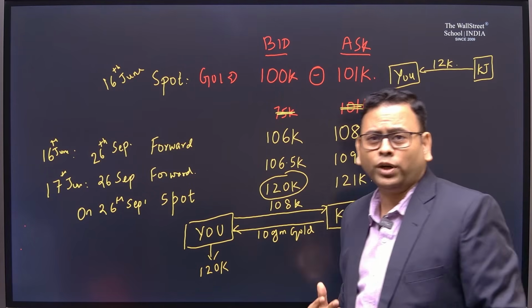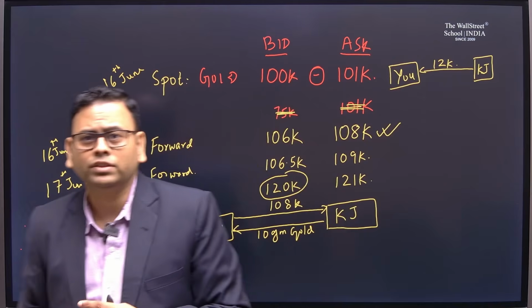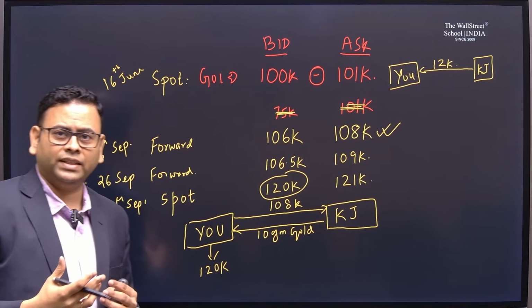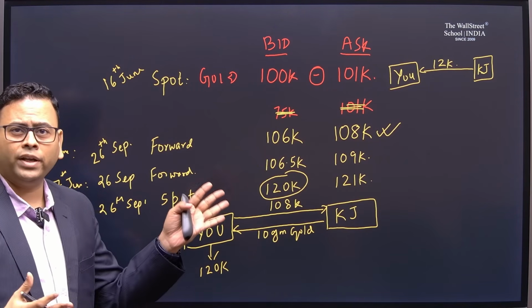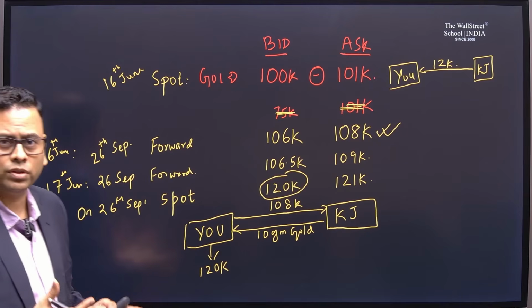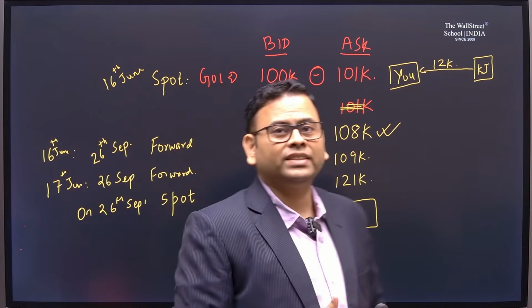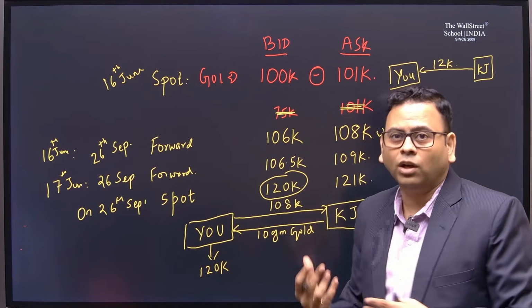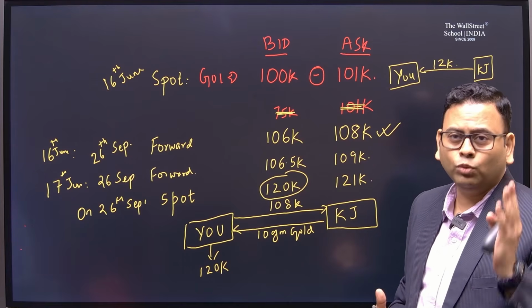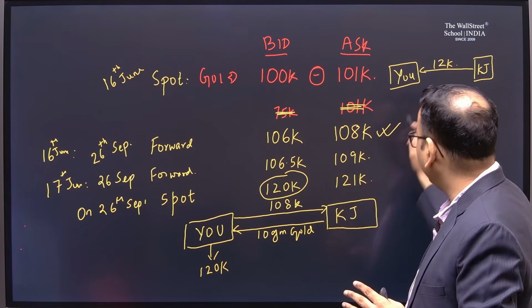Now, you might ask, what if the market goes other way around, which is, let's say, what will happen if the price instead of 120k, what if it falls to 100,000, which is 1 lakh. So, in this case, again the difference is 8,000, which is against you. So, you will be paying Kalyan Jewellers 8,000.